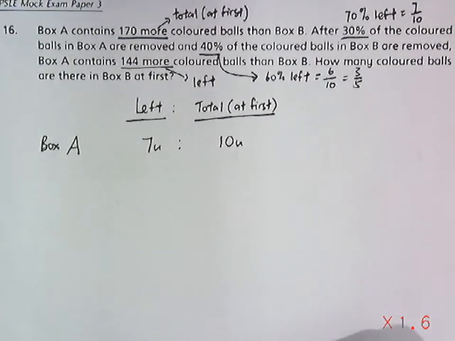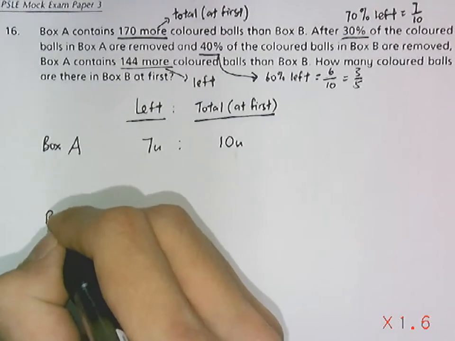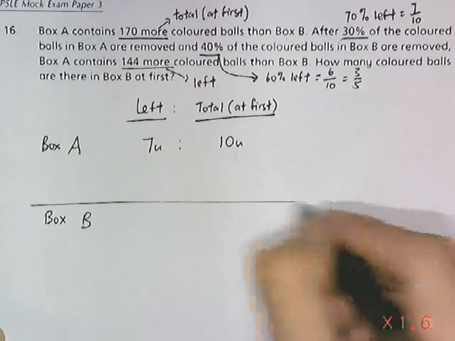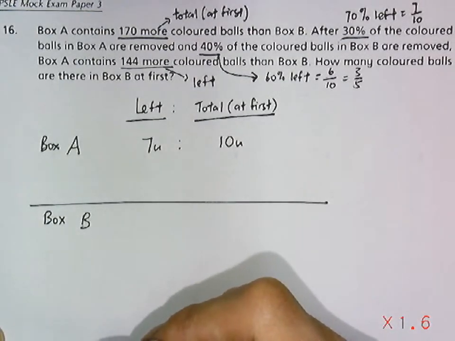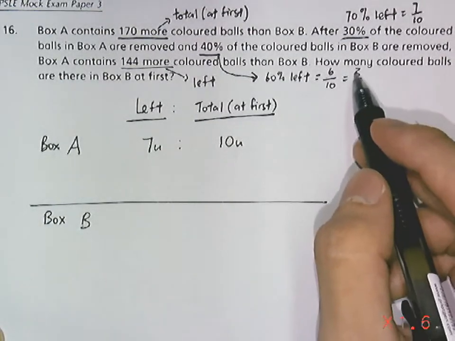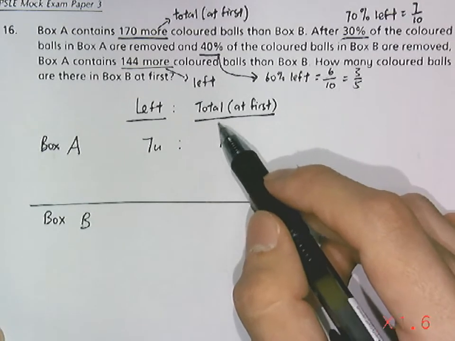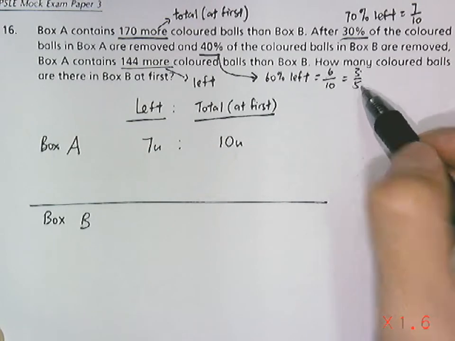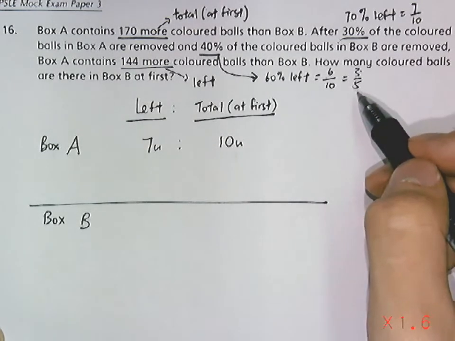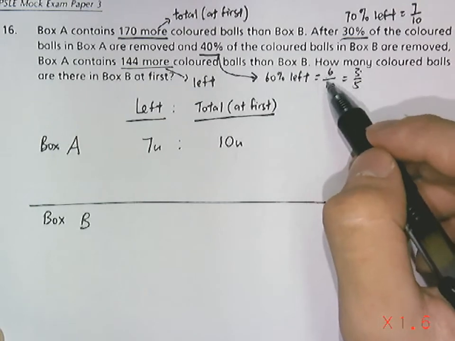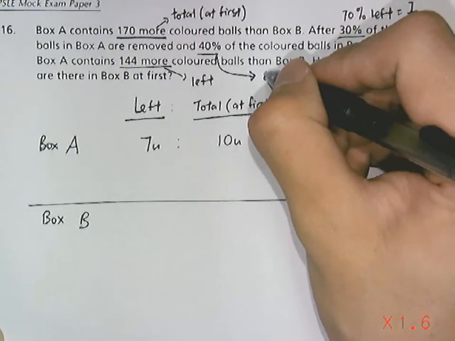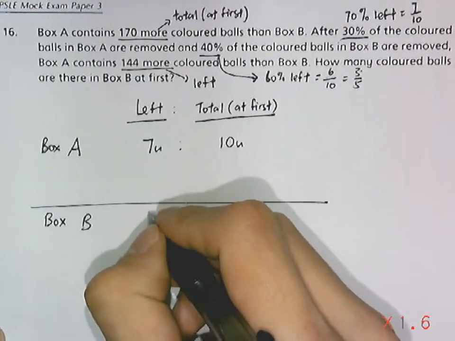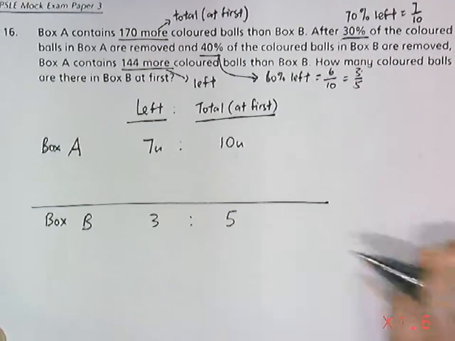So the ratio for box B, of the color balls left to the total number of color balls in box B, would be 3:5, since 60% left is 3/5 of the total. So we can put a 3 and 5.